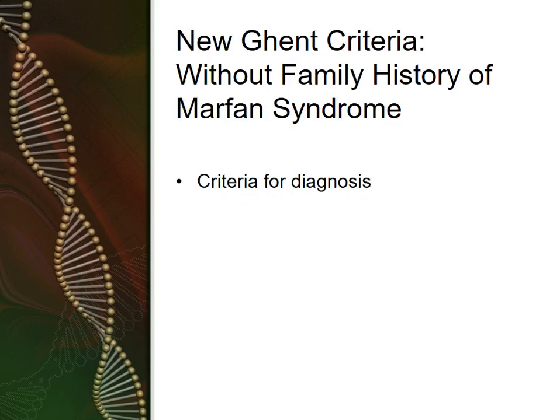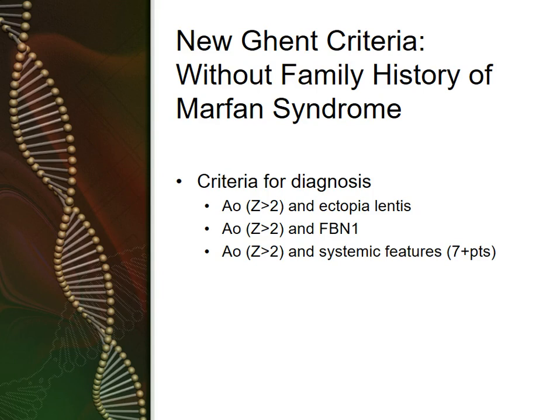So, new GENET criteria. If there's no family history of Marfan syndrome, so we take a 3-generation family history, and there's no family history of either Marfan syndrome or suspected Marfan syndrome, you need an enlarged aortic root and a dislocated lens, and the Z-score is a measurement of how enlarged the root is, or a fibrillin mutation, an enlarged aortic root, and 7 points of systemic features, or ectopia lentis and a fibrillin mutation.